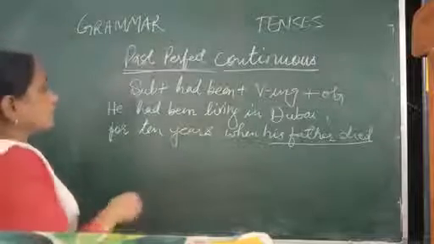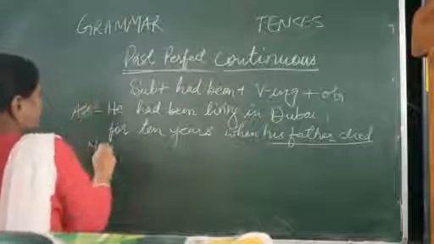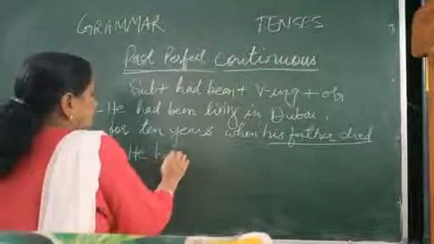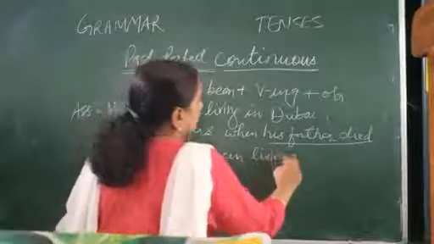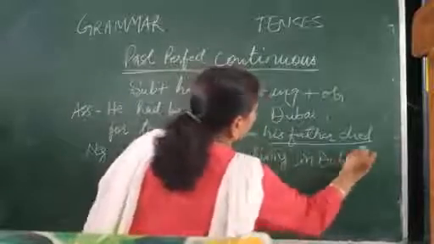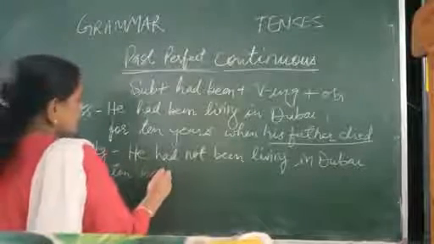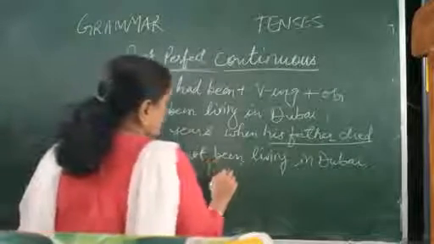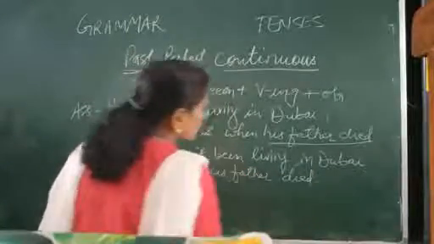How to make it negative? This is assertive one, assertive, negative. He had not been living in Dubai for 10 years when his father died.